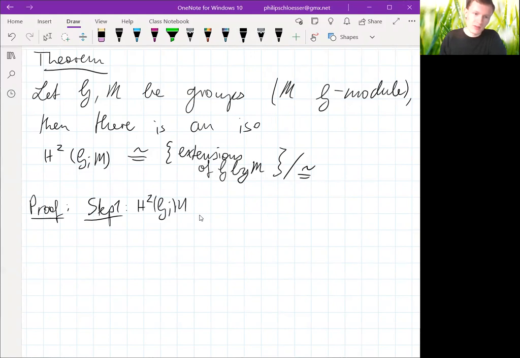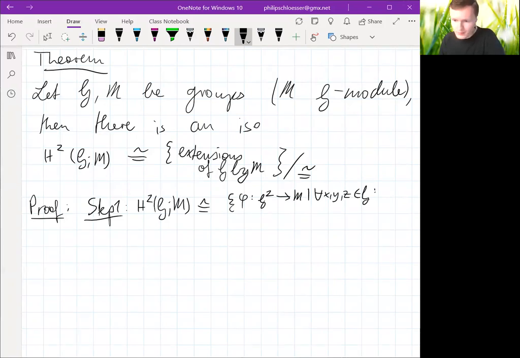This one is to show that the second cohomology group is isomorphic to the set of functions from G squared to M, such that for all x, y, z in G, we have x acting on f(y, z) minus f(xy, z) plus f(x, yz) is equal to f(x, y).